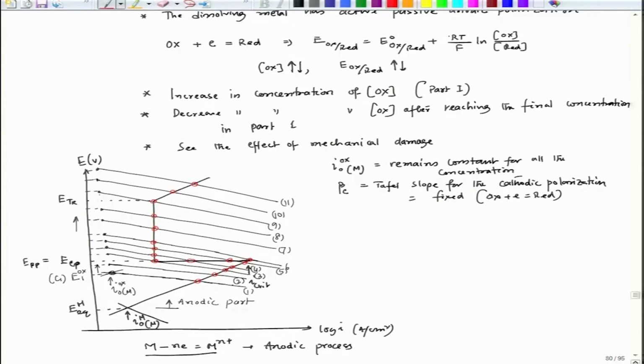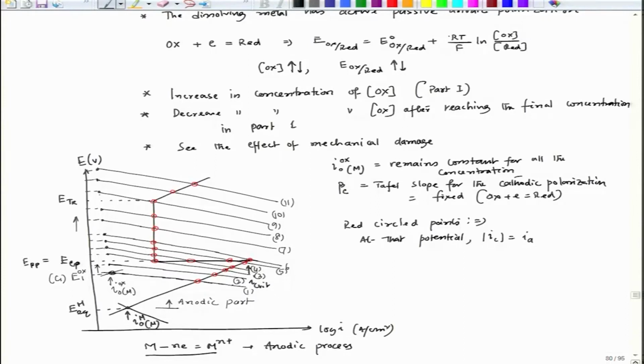Now, if we try to see the corrosion rate, those red points are the points where mixed potential theory is maintained. At those potentials, I C equals I A. But as we have said, our initial condition was that the metal was freshly prepared and does not have any oxide layer to start with.